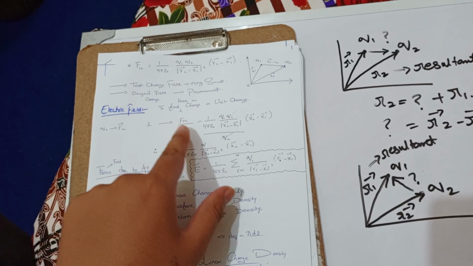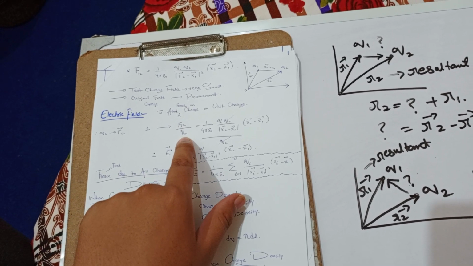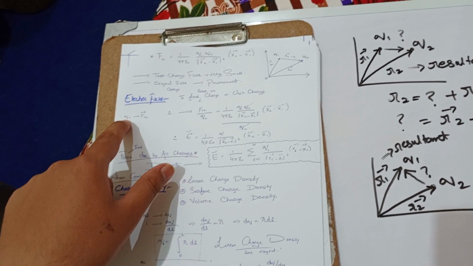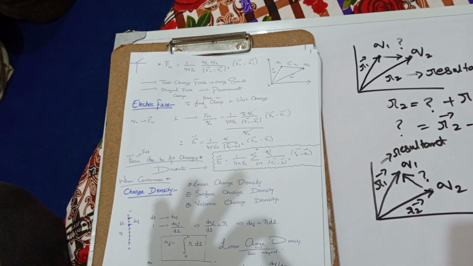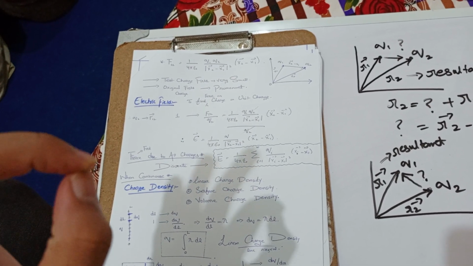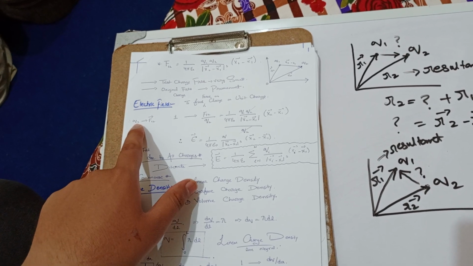So you just have to divide your Coulombic force by Q2 if you want to find the field, or force, on a unit charge, meaning a single charge.